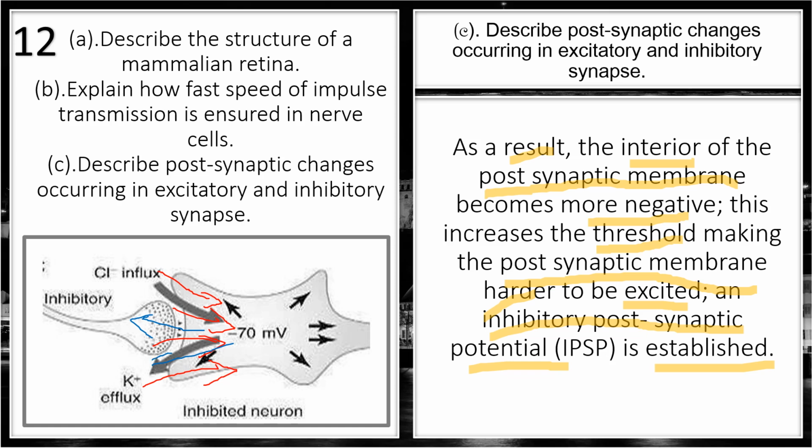That is going to make the postsynaptic membrane become more negative. And when it becomes more negative, we have created an inhibitory postsynaptic potential. IPSP has been established, so no impulse is going to be passing that area.